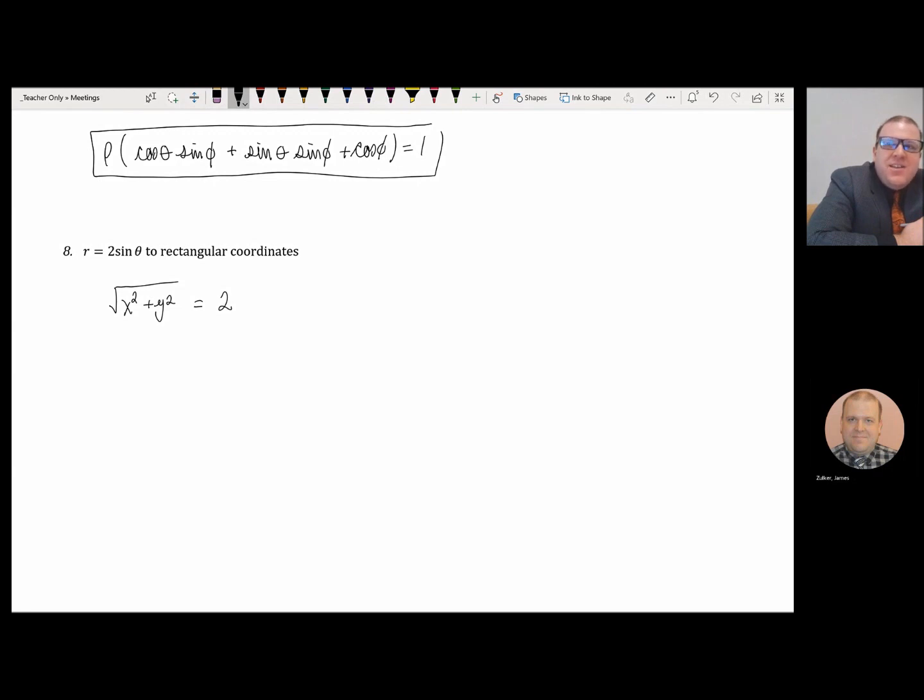How are we going to write sine of theta? It'd be like y over square root of x squared plus y squared.